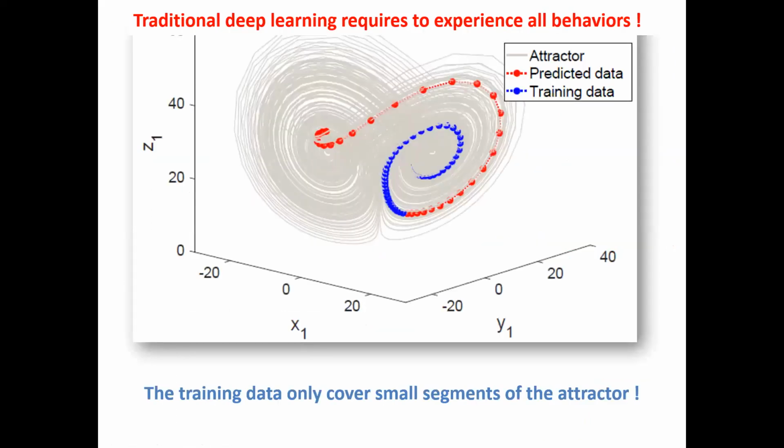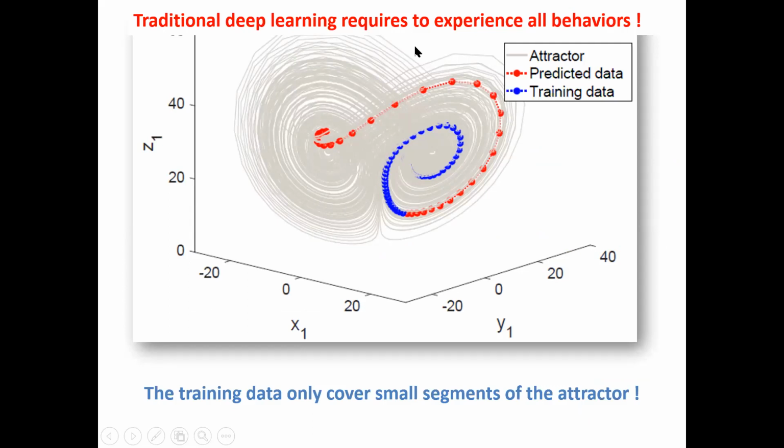Before I talk about the mathematical details, I also want to show what's the difference from the current deep learning. Deep learning has really achieved great success recently, like AlphaGo, which beat the human. But I think there is a problem.